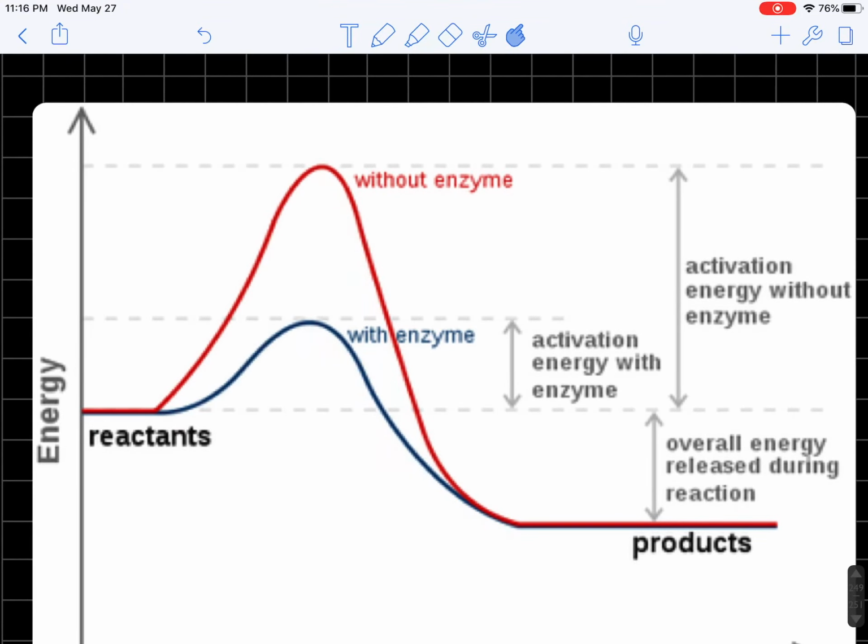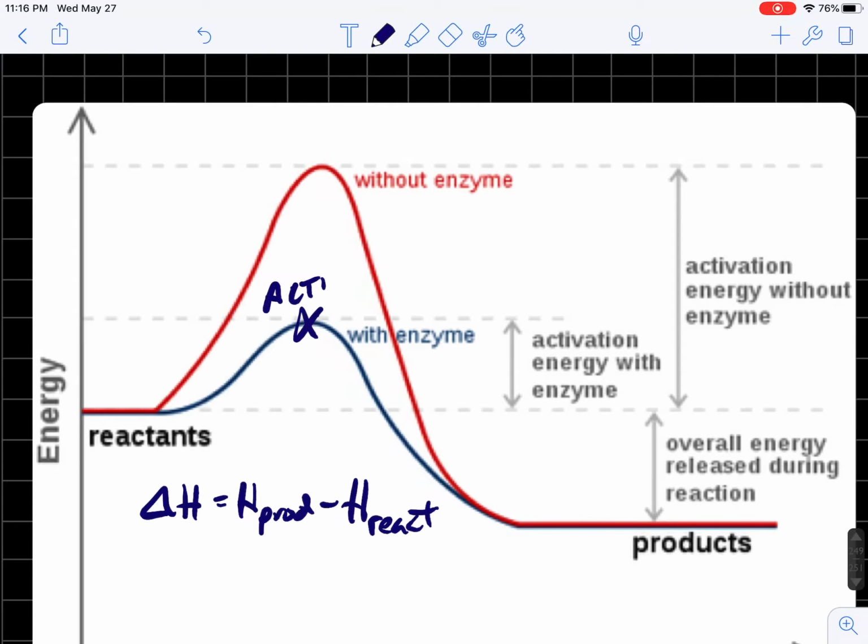And we said make sure that we understand the finer points here of the energy diagram: delta H is the same regardless of whether a reaction is catalyzed or uncatalyzed, because delta H is the heat of the products minus the heat of the reactants, and that does not change just because we have a catalyst. What changes is, again, our activated complex.